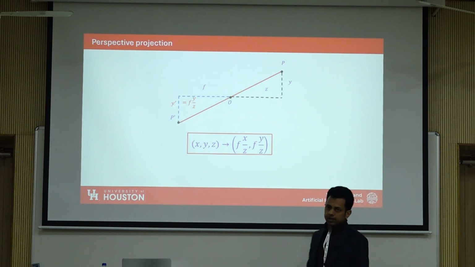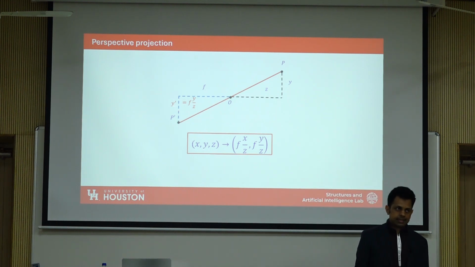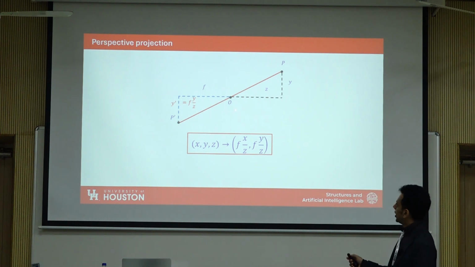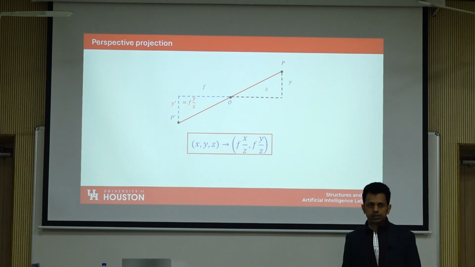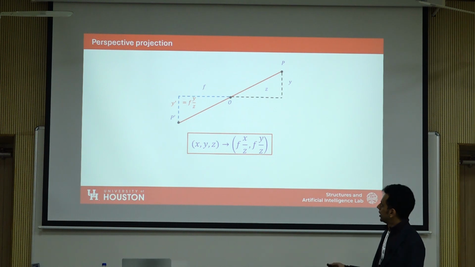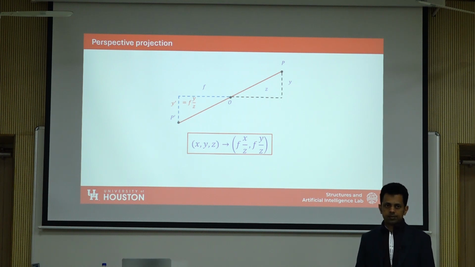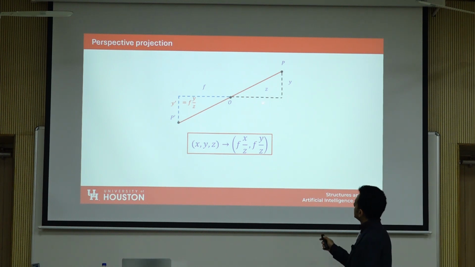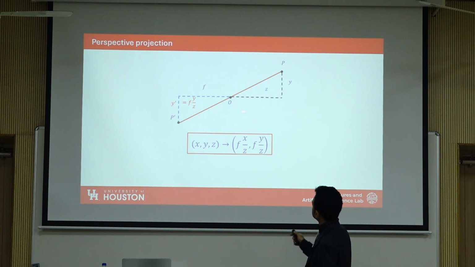And if f is the distance between the optical center and the image plane, then we have this relationship from similar triangles that y prime is equal to f times y over z, right? Because you have z is the distance here, and you have y, and you have f, and you have y prime.